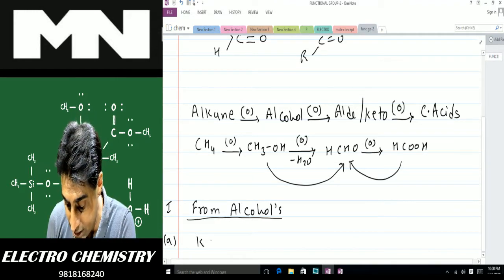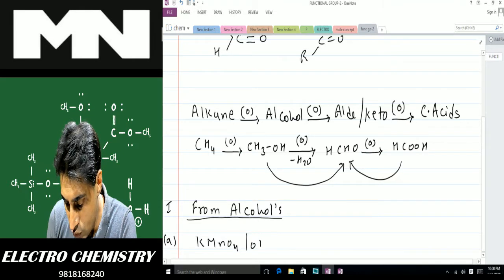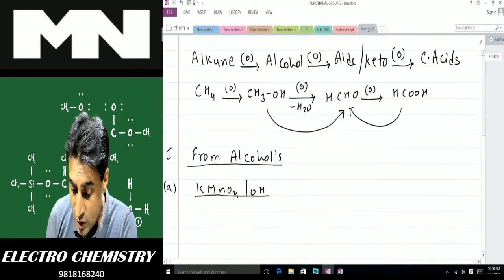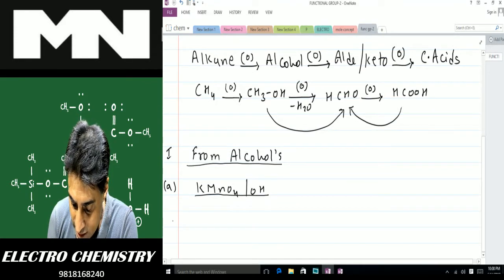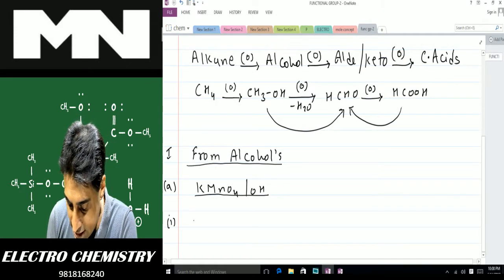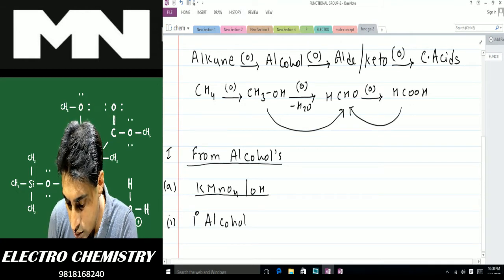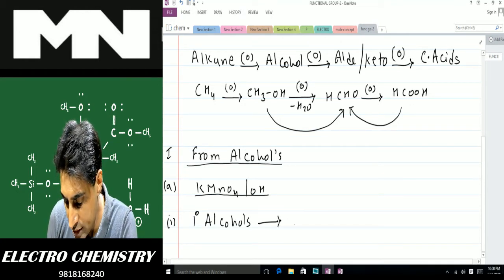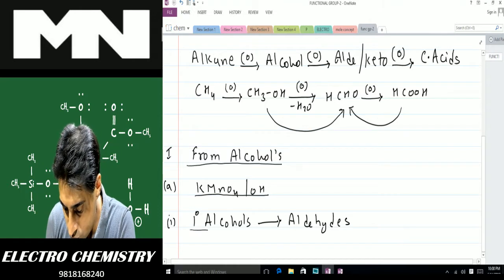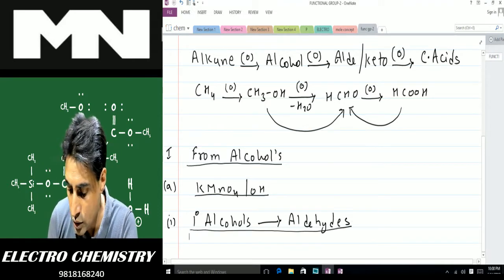In alkaline medium, KMnO4 behaves as a strong oxidizing agent. In this case, we have to remember one thing, that primary alcohols on oxidation will give us aldehydes. So from primary alcohols we'll get aldehyde.